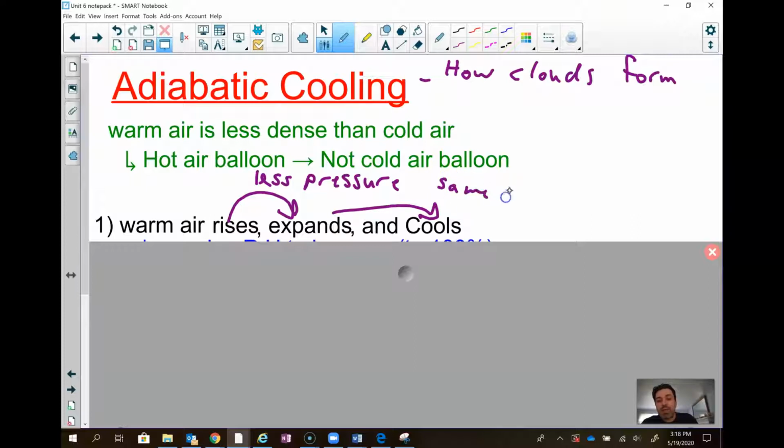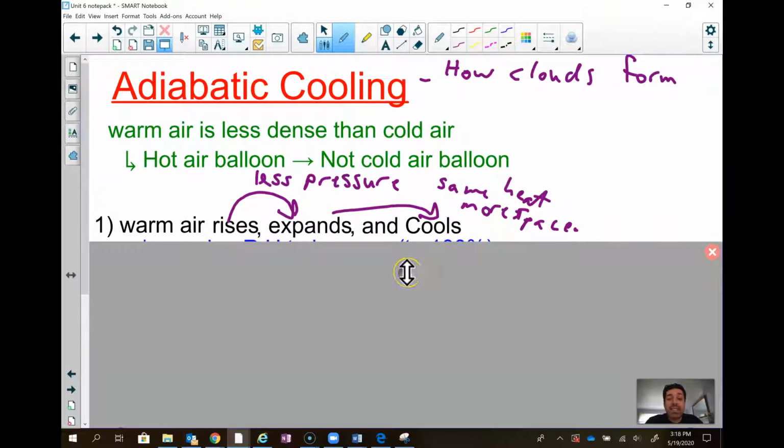The same amount of heat, more space, so temperature drops. Okay, so the warm air rises, it expands, and it cools. That's important to know.